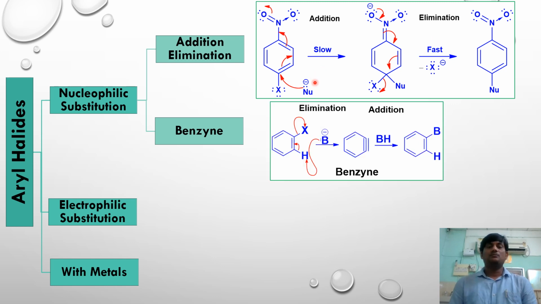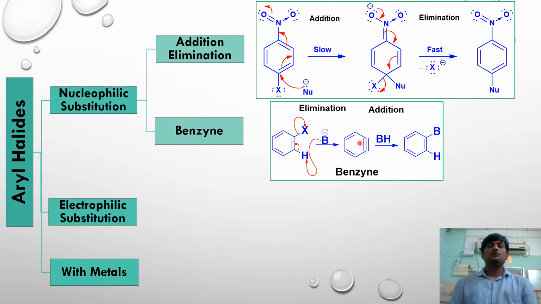This mechanism is followed by aryl halides when there is a strong base like amides or alkoxides. In the presence of strong bases, there is an abstraction of a proton on the benzene ring, and also an elimination of halogen. This leads to formation of benzyne.